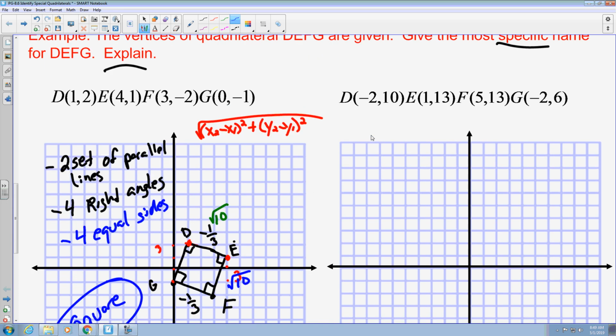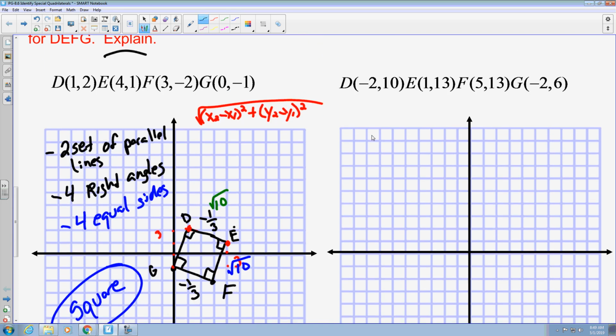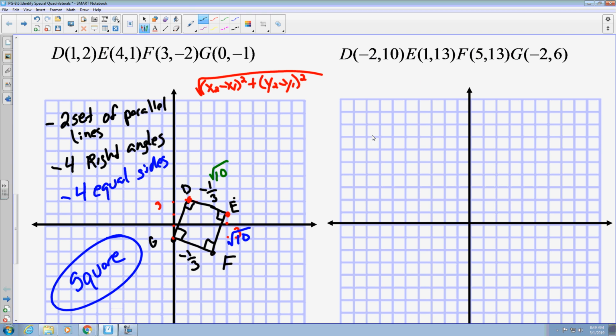Okay. Looking at the second one here, it looks like I got 13 here and here, which doesn't meet it. So what I'll do is make these into 2 units. So I got negative 2, 10, which is D. And then I got 1, 13, which is E right here.